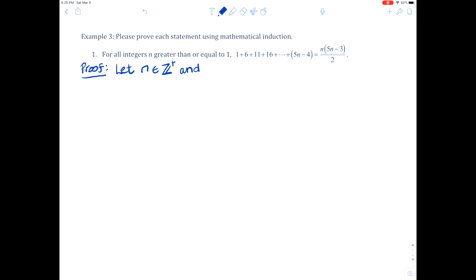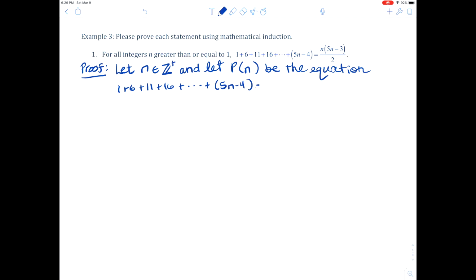And let P at n be the equation 1 plus 6 plus 11 plus 16 plus dot dot dot plus quantity 5n minus 4 equal to n times 5n minus 3 over 2.